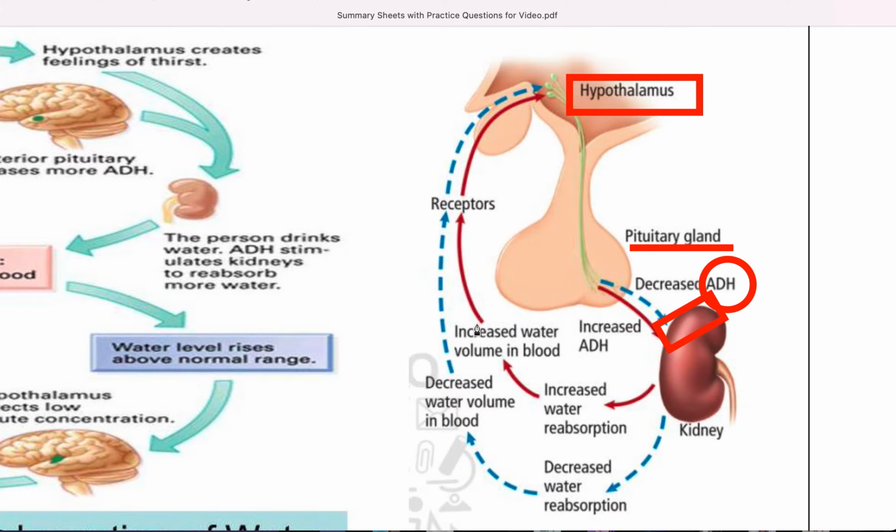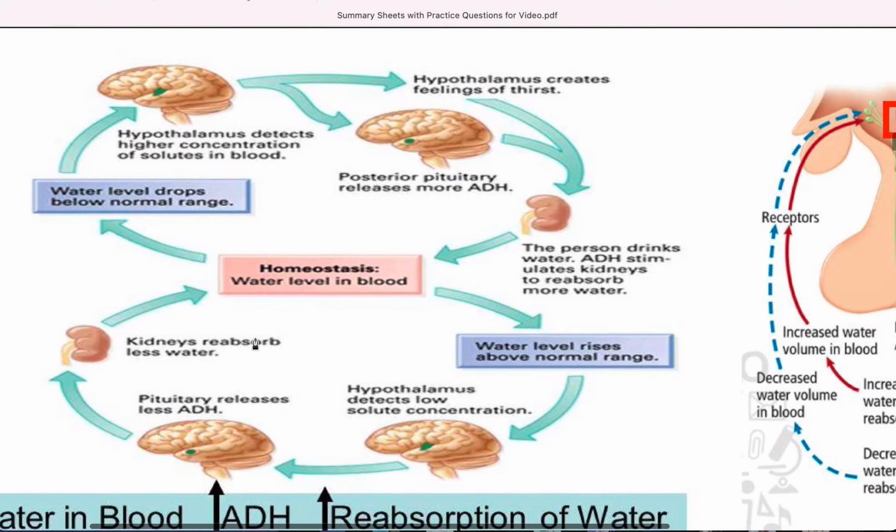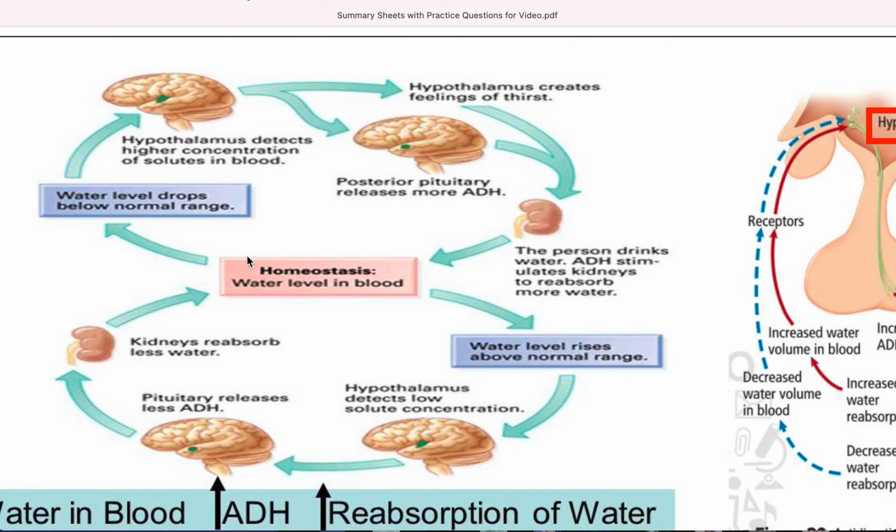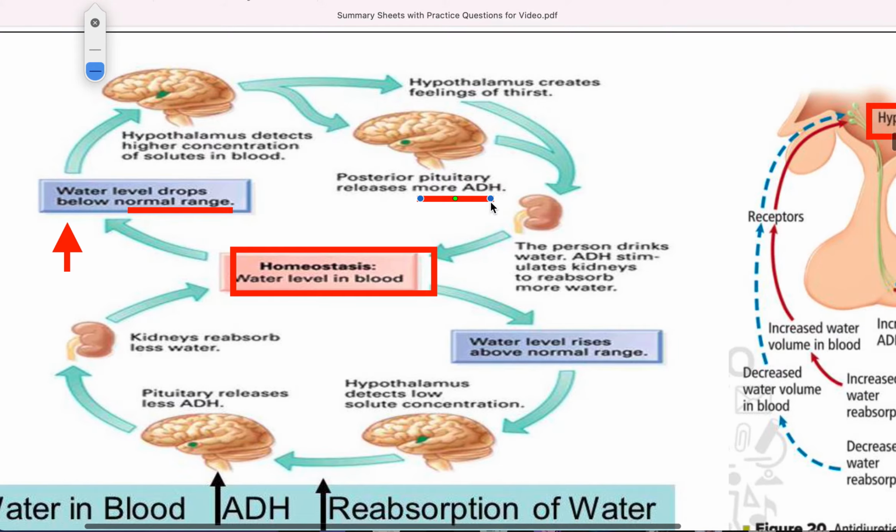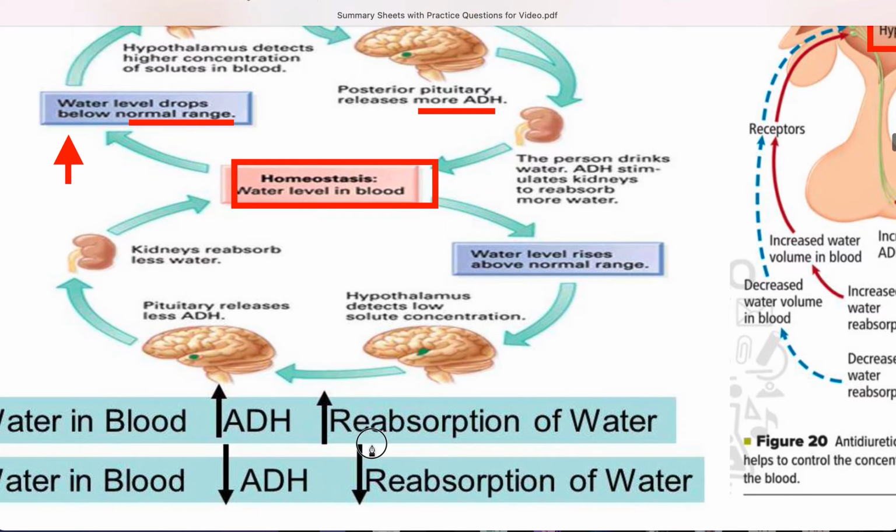You have to focus on what's happening over here. Look, this is the normal water level in the blood. Water level drops below normal. When the water level decreases in your body, you produce more ADH to save more water by reabsorption.